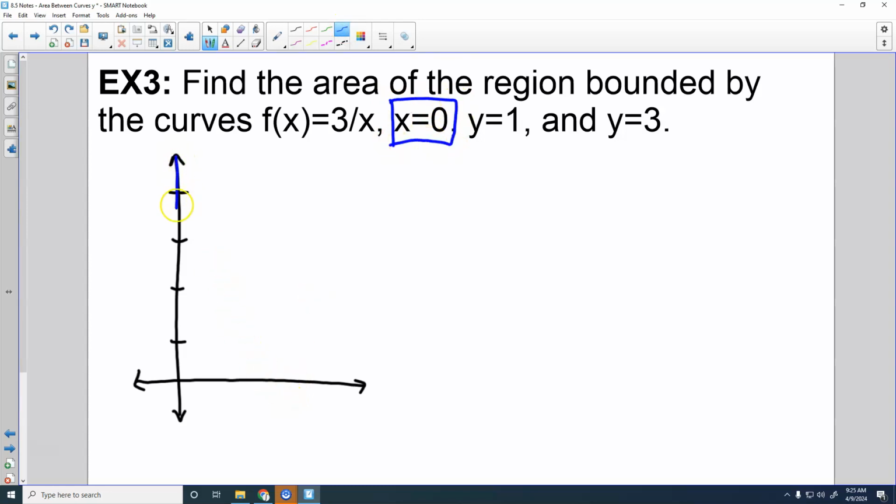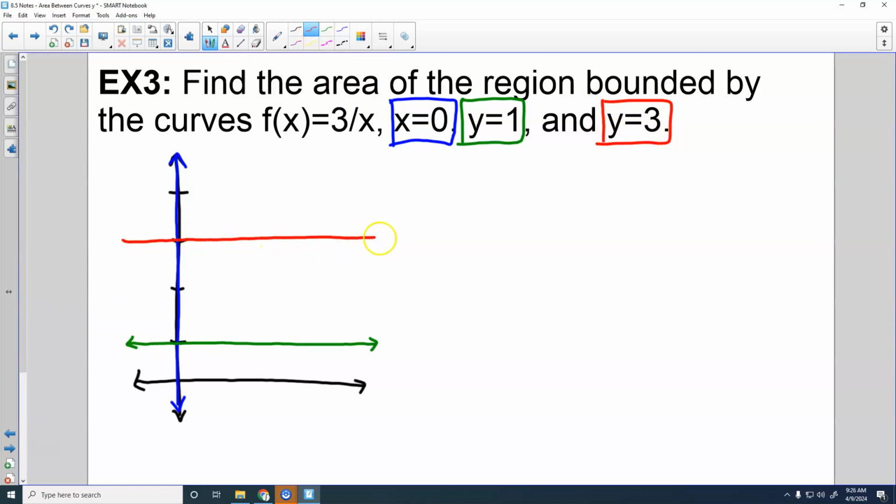X equals 0 is the y-axis. And then I have y equals 1. What type of line is that? Horizontal, at 1, right? So that's this line right here. And then I've got y equals 3. And so y equals 3 is this horizontal line here.